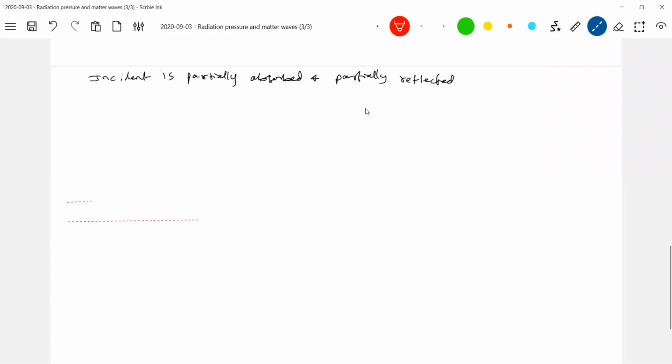There's a beam of light. It will be partially absorbed and partially reflected. So then how to modify this particular formula? Shall we just add up?